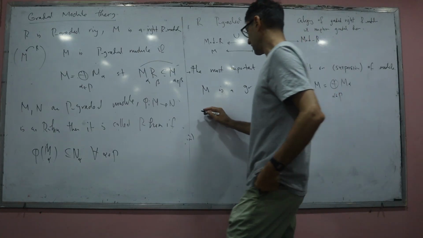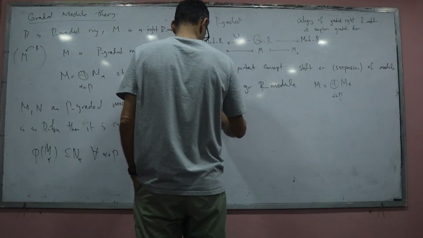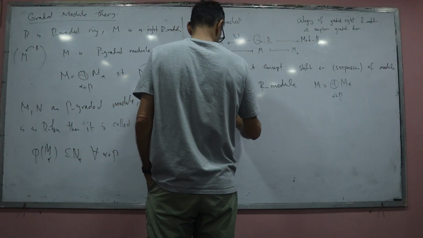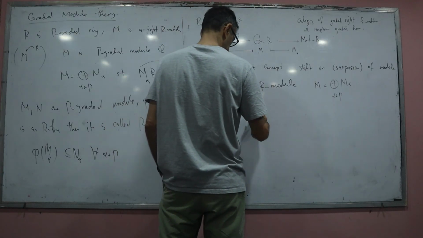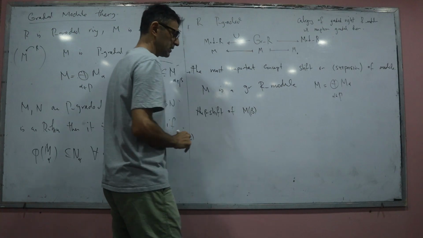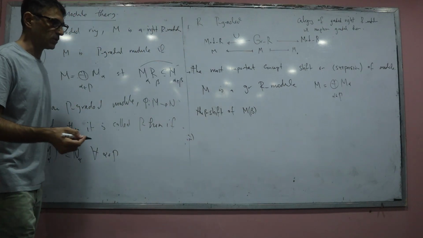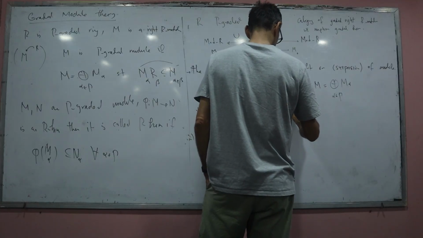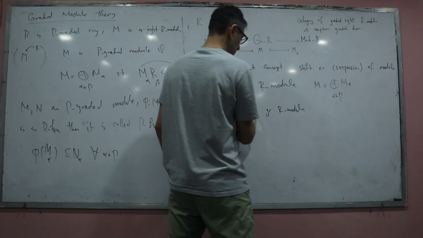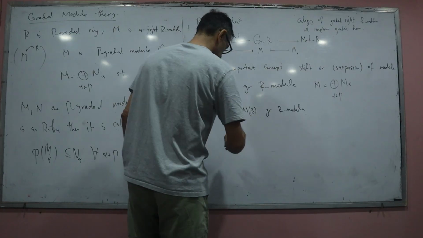Now the shift of M, maybe I call it the beta shift of M, and I write it this way, is also an R module, a graded R module. So now I have to give you the components here.